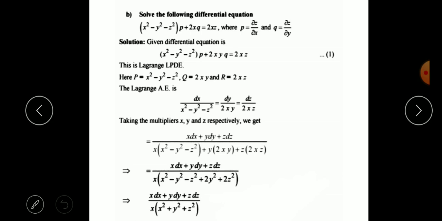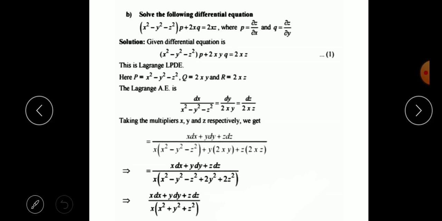So the Lagrange's auxiliary equation is dx upon x square minus y square minus z square equal to dy upon 2xy equal to dz upon 2xz.